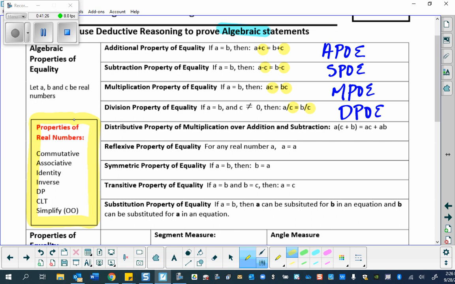If you wanted to add or multiply in a different order, the commutative property let you do that. If you wanted to change the grouping of addition or multiplication, the associative property let you do that. Your inverse always gave you your identity. The distributive property and combining like terms were ways that you could simplify once you follow the order of operations.